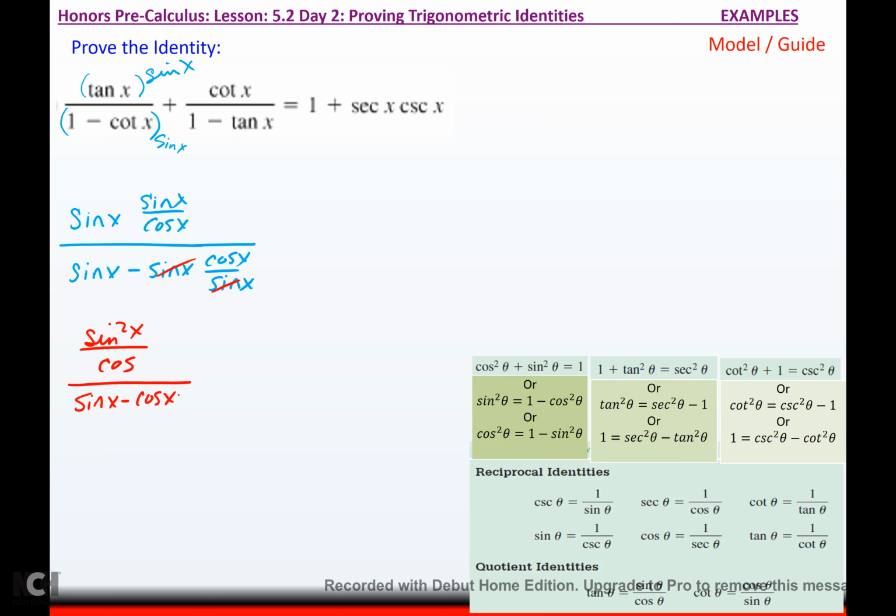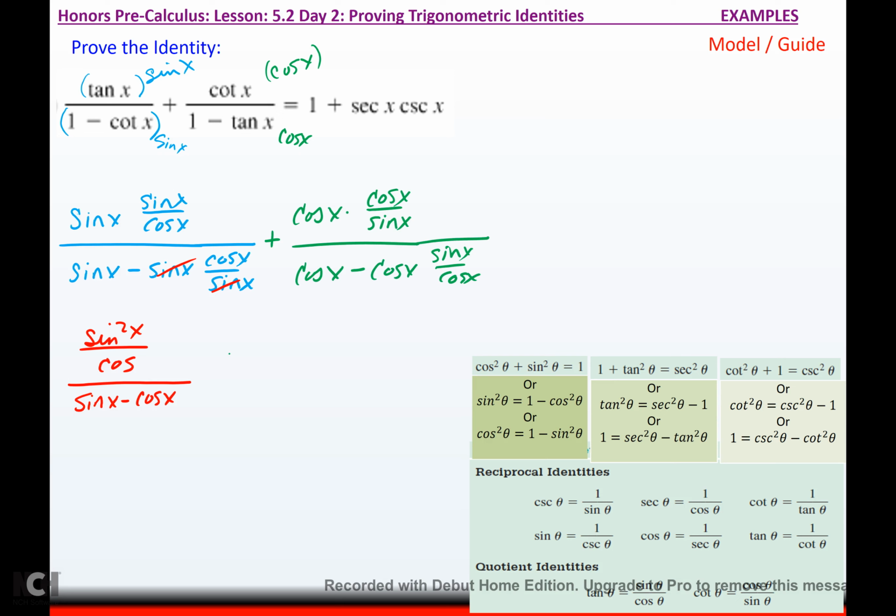Alright, and now the other fraction, I'm going to multiply both the top and the bottom of it by cosine x. That would give me cosine x times cosine x over sine x over cosine x minus cosine x times sine x over cosine x for tangent.